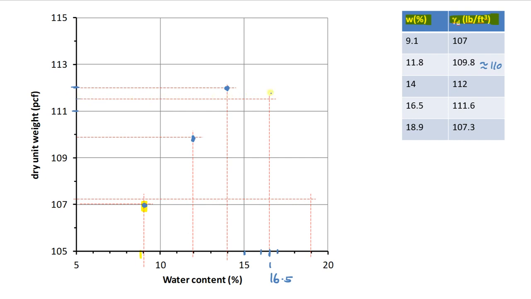So this is our point. And the last point is 18.9, which I can round off to 19. So this is 15, 16, 17, 18, and this is 19. We draw a vertical line from 19 and 107.3. Remember, this is 108, this is 107.5, so this should be 107.3. So that is the point.